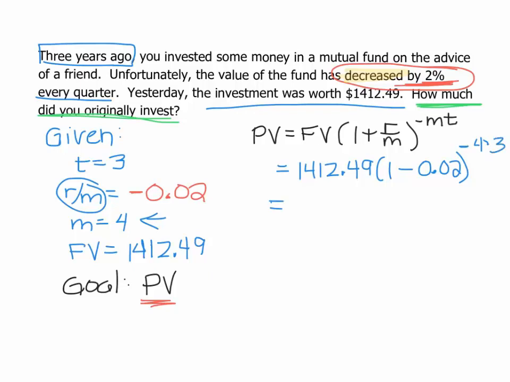I'm going to input this into my calculator, and when I do, I end up with a value of $1,799.999,869 is what my calculator says. So we can assume that we originally invested $1,800, because if we round this, it'll round up to $1,800.